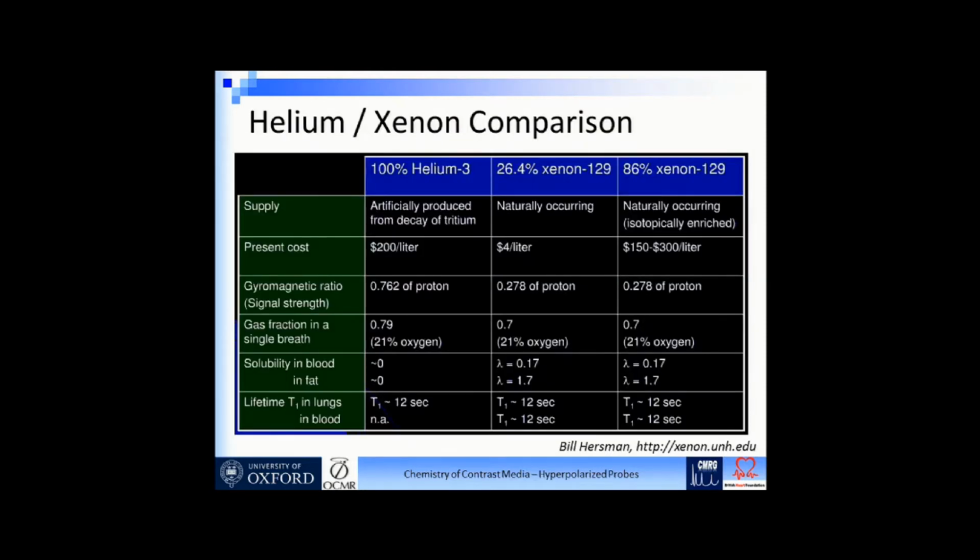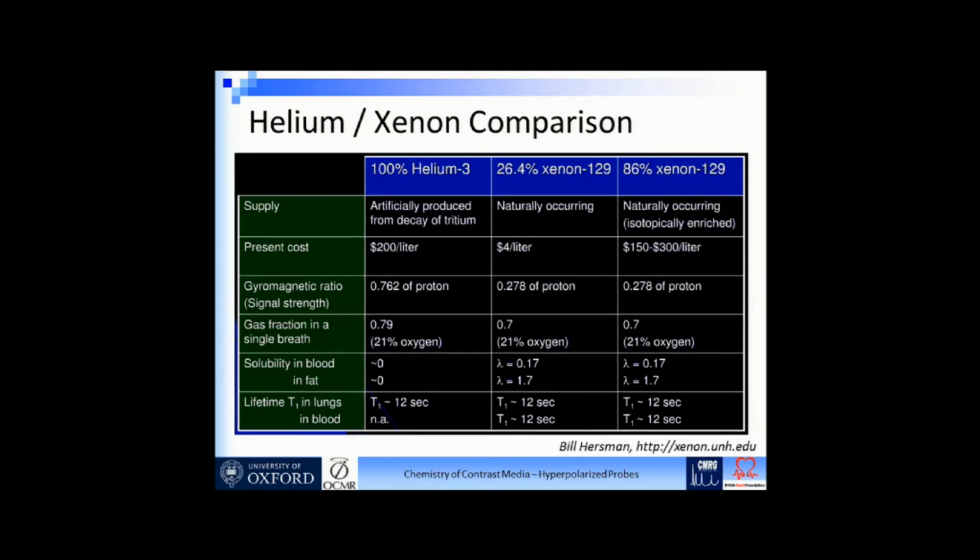Now, there's a lot of comparisons being made between the use of helium-3 and xenon-129. This is just a very brief table of some of the differences between the two. One of the obvious differences is that the production of helium-3 is coming from an artificial source in terms of the decay of tritium, and makes it a very expensive gas to acquire, and with a relatively limited supply.